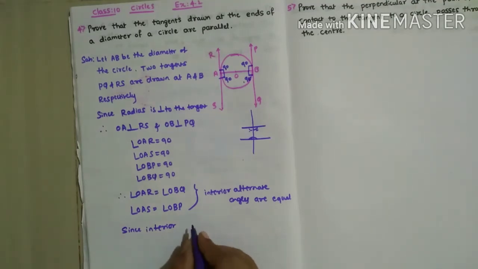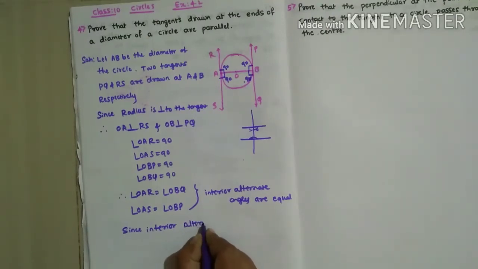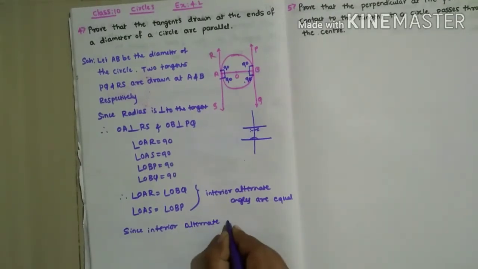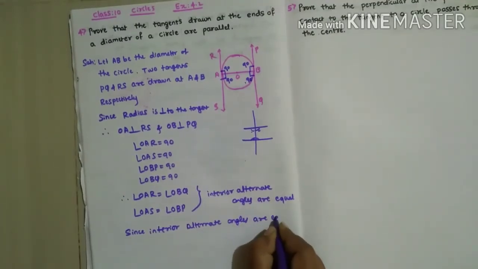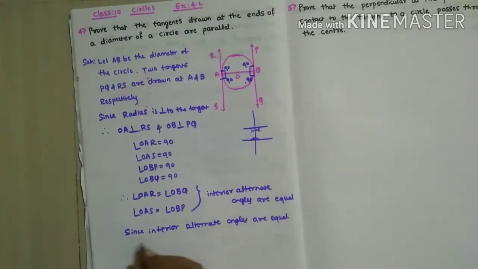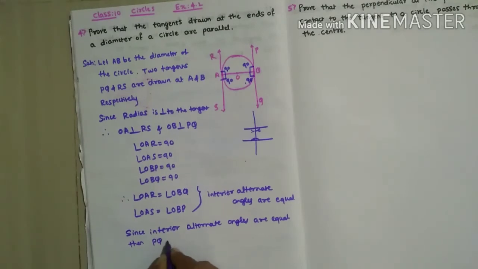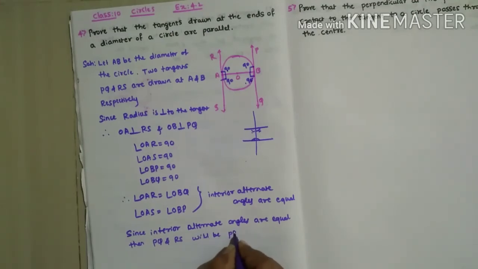Since interior alternate angles are equal, then PQ and RS will be parallel.